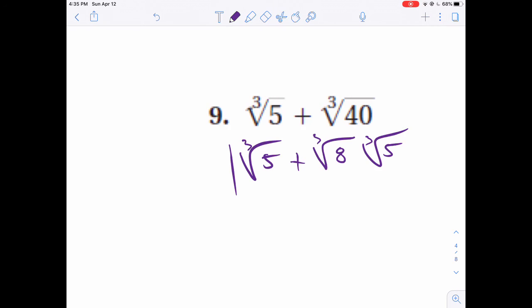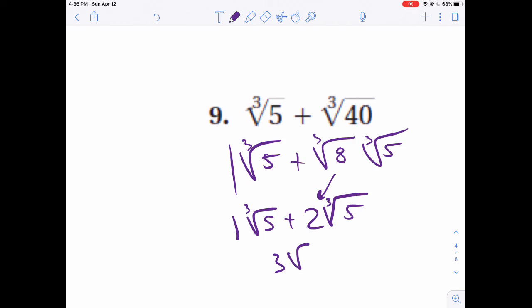Again, 2 to the third power is 8. So we can make that a 2. So we have this 1 cube root of 5 plus 2 cube roots of 5. Well, we got like terms, cube roots of 5. 1 plus 2 is 3 cube roots of 5. That's it.